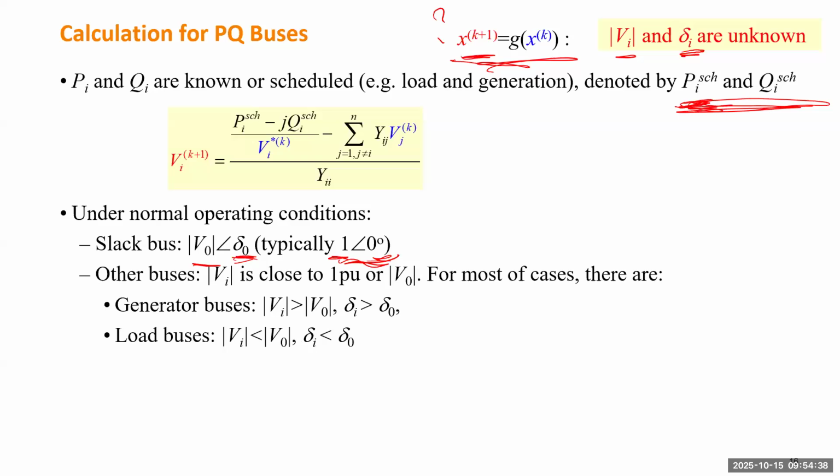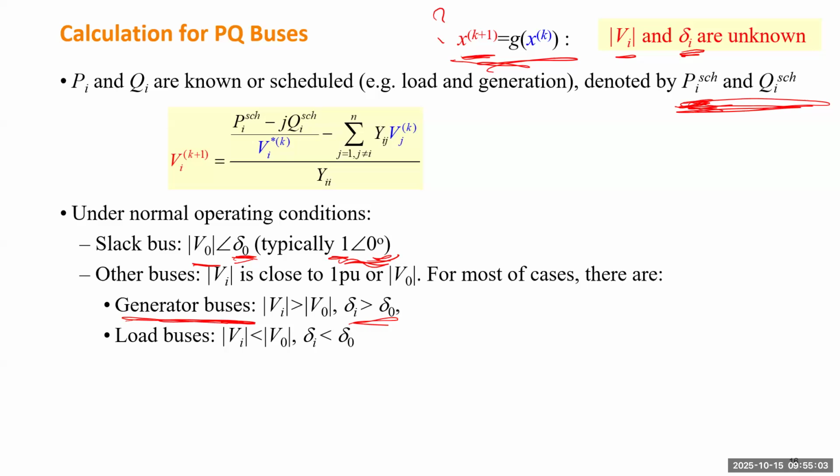For other buses in your system, if it's a generator bus, usually the angle needs to be bigger than the slack bus, slightly bigger, because in order to deliver active power from one area to another area, you need to have an increased angle. So the generator buses will have relatively higher angle compared to load buses.